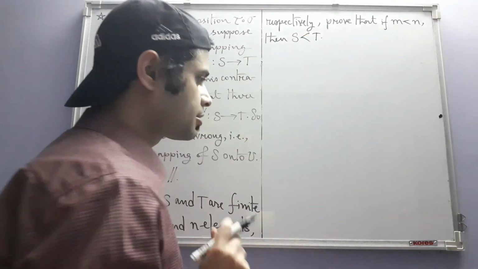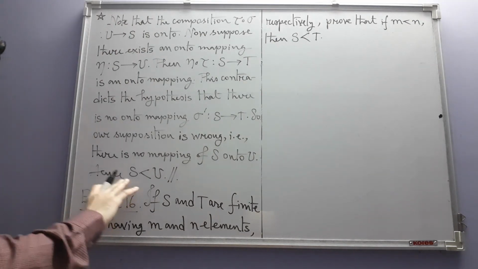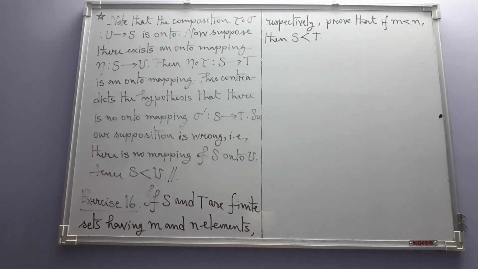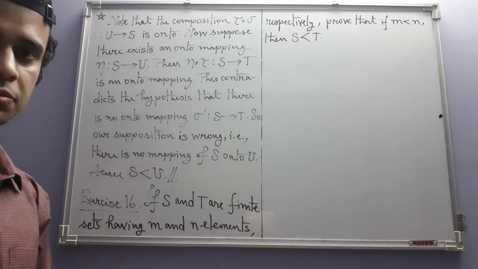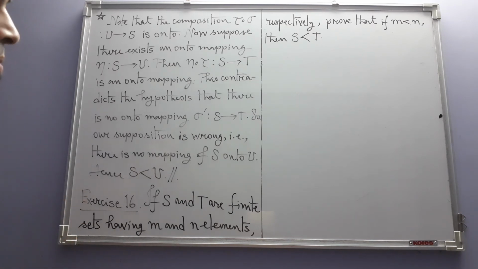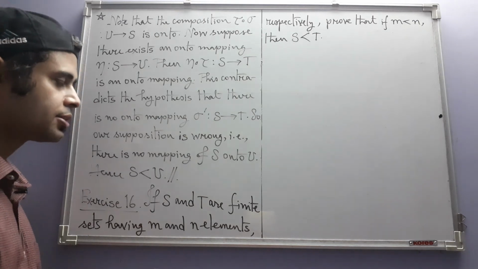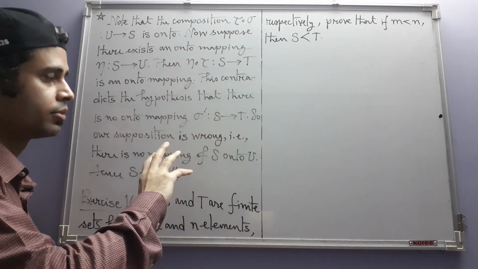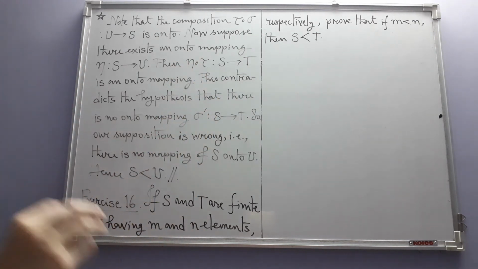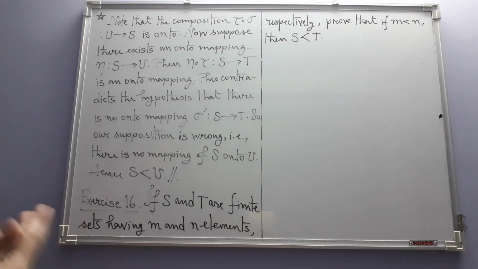So this shows that the definition of one set being smaller than the other that we have seen in the previous exercise, that involves mappings, actually matches with our usual idea of a set being smaller than another set if they are finite.